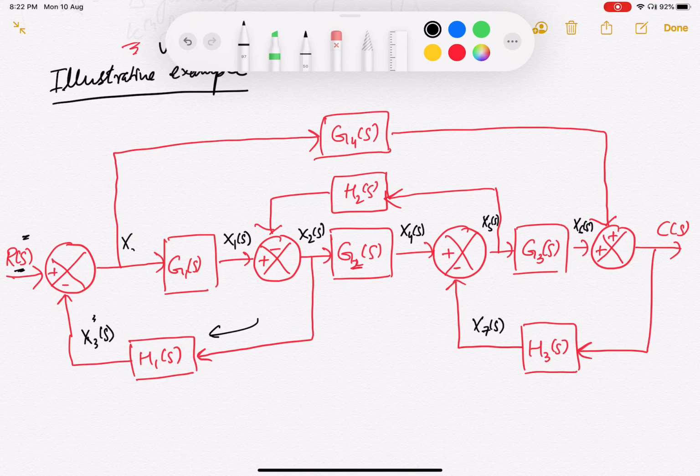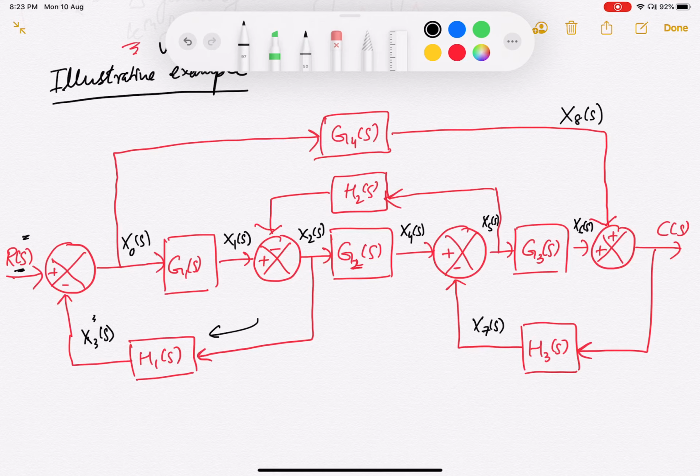So you can call this X0S, right? So X0S you pick up and you process it, and then you get X8S here. So this will add redundancy labeling like this, but then the next step would be simplifying the signal flow graph that you have for this purpose.